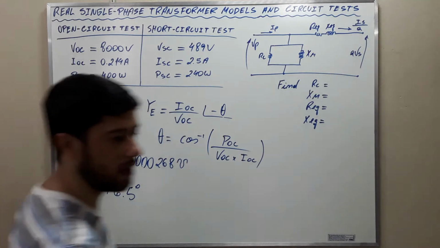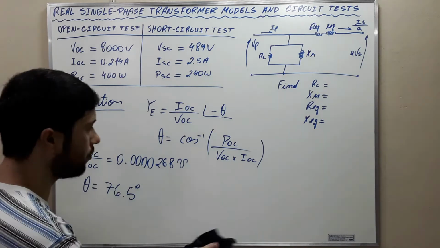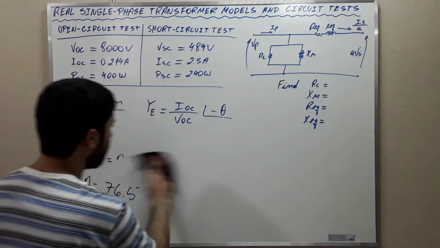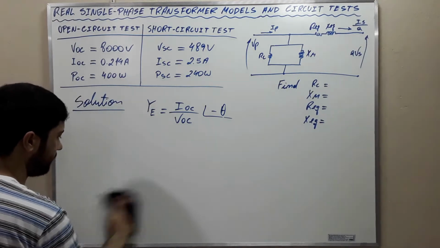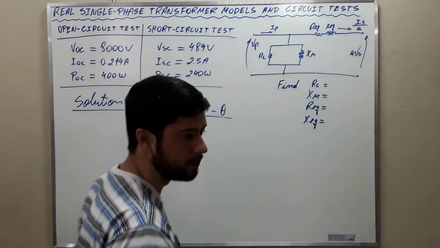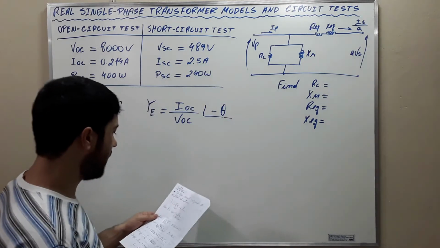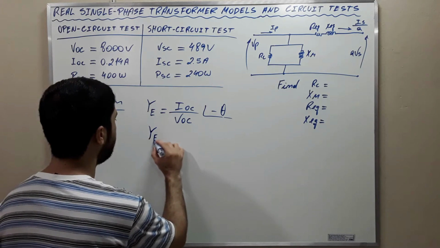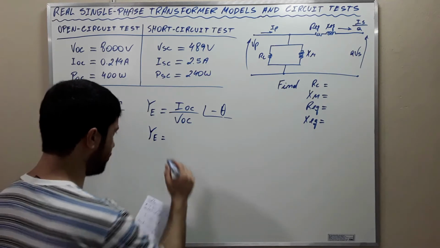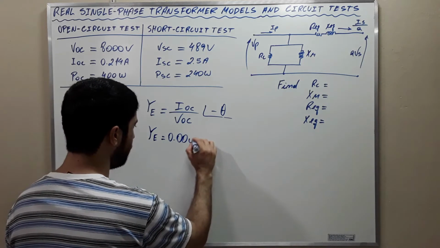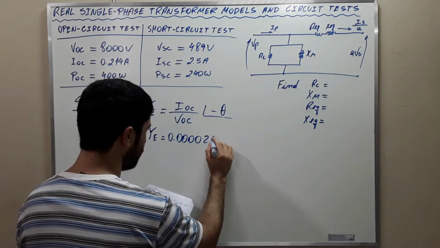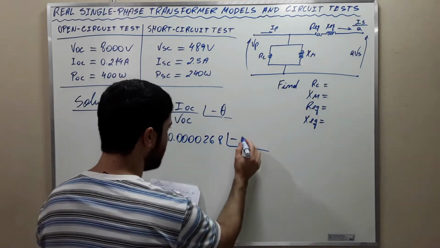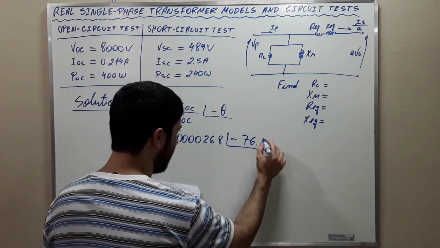And then we find afterwards that the excitation admittance is equal to 0.0000268 in the phase negative 76.5.